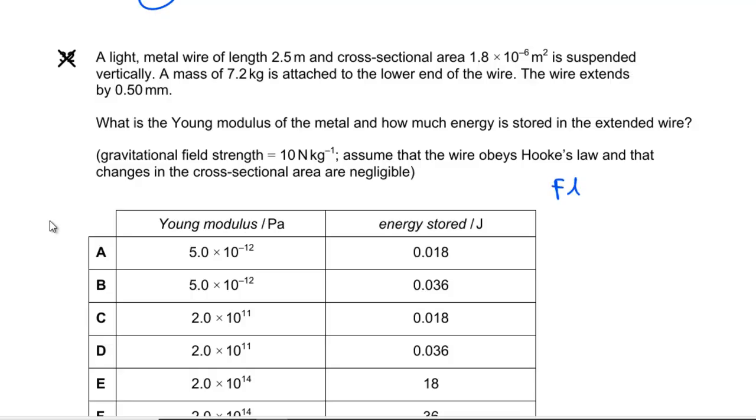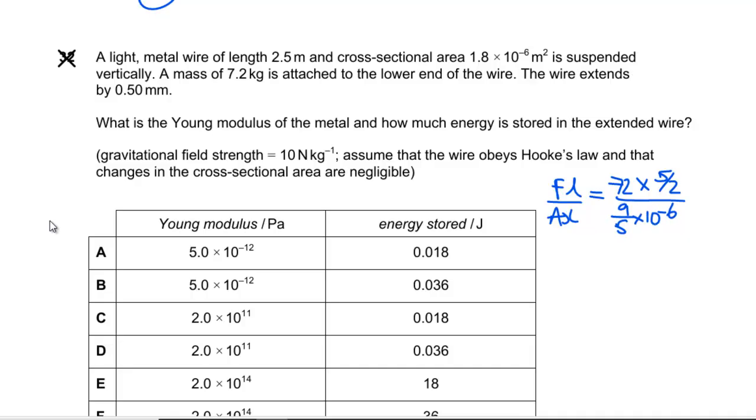So we need an FL over AX for our modulus. So our F is 72. Then our L is 2.5, so I'll write it 5 over 2. And then A is 1.8 times 10 to the minus 6, so 9 over 5 times 10 to the minus 6.